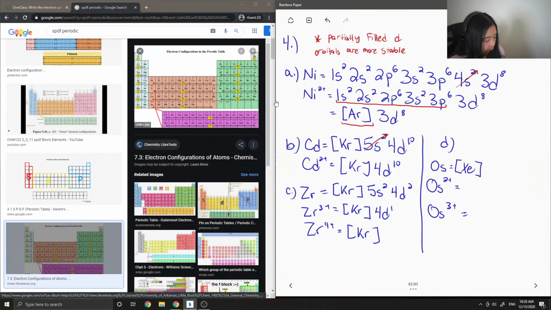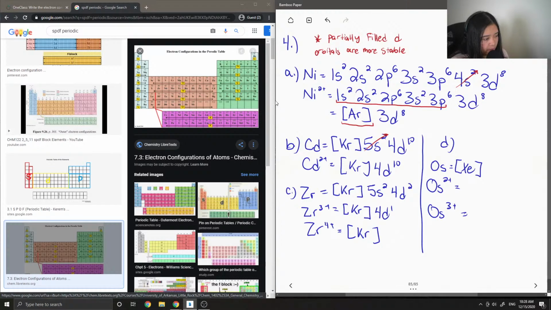Then going down, I'm first going to fit in our F block. If you can see here, it is inserted in between right there.